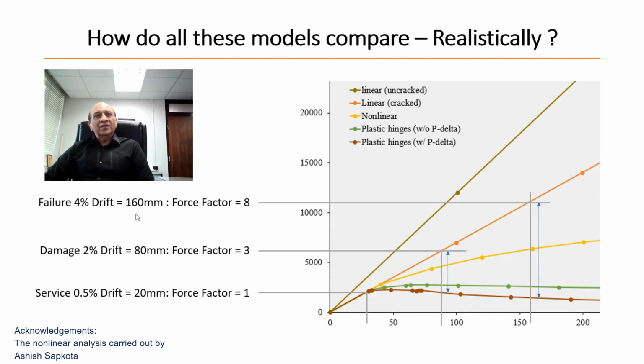But at the same time, if you look at these numbers, they look familiar and they are related to the R factors or the structure response reduction factors used in many codes. They are of similar order when the frames are designed properly.